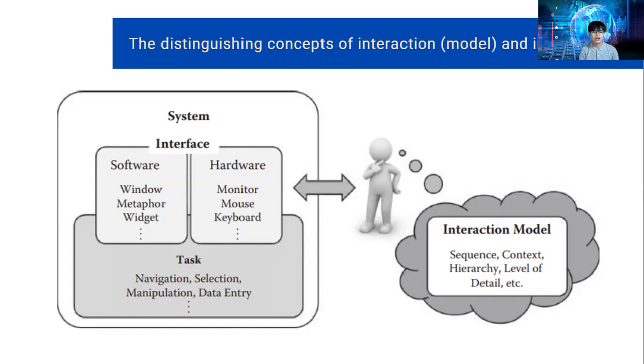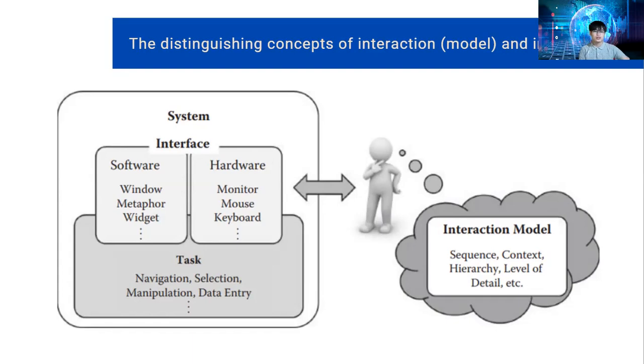Okay, as for the hardware, of course, these are the tangible materials. Very understandable. It involves the monitor, mouse, keyboard, system unit, cords, etc. Okay, and when there is an interaction between the software and the hardware, there is what we call the task. So I believe you know what a task is all about.